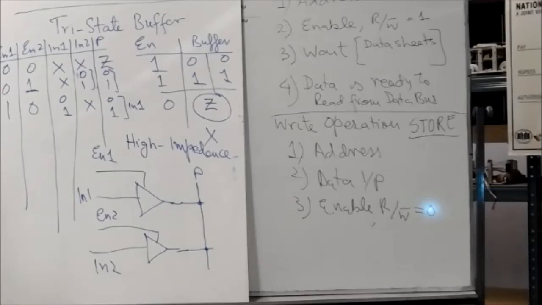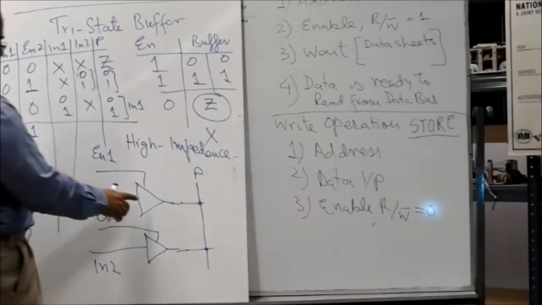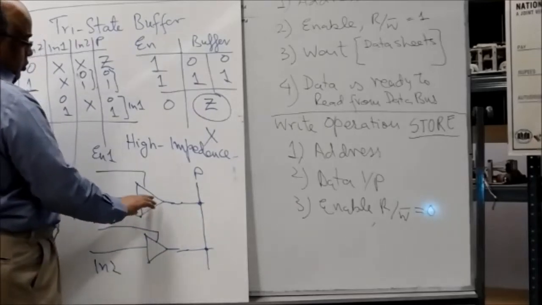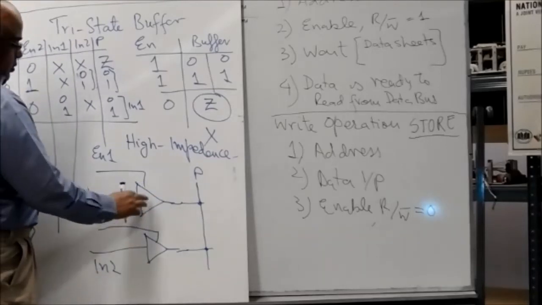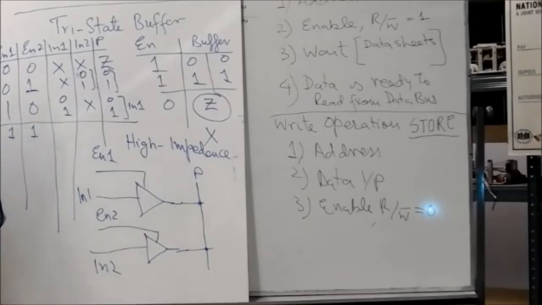So what happens if you make both of them 1? That is the danger. When you make both of them on, because when it is on it has almost zero resistance, and when it is off it has almost infinite resistance, just like a switch.